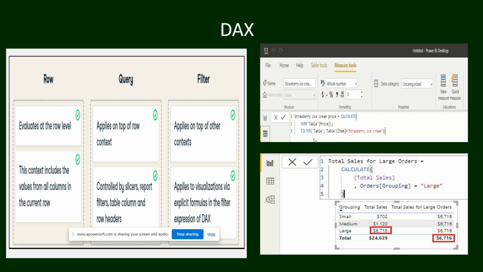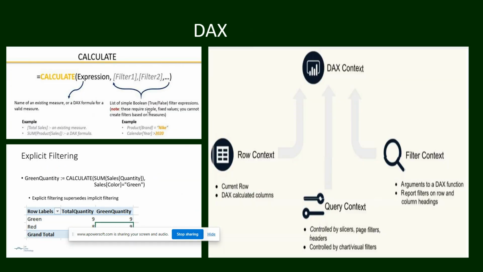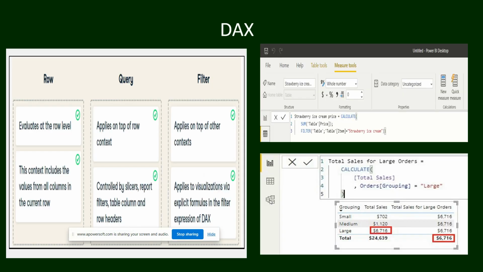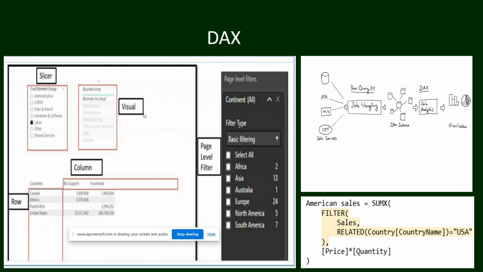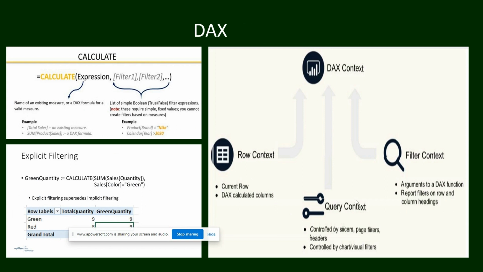And you can see we displayed here the page level filter, the column level filter, the row level filter, the slicer, and the visual, right? As I said, the slicer, the visual, and the page filter, these three are your query filter, query context.